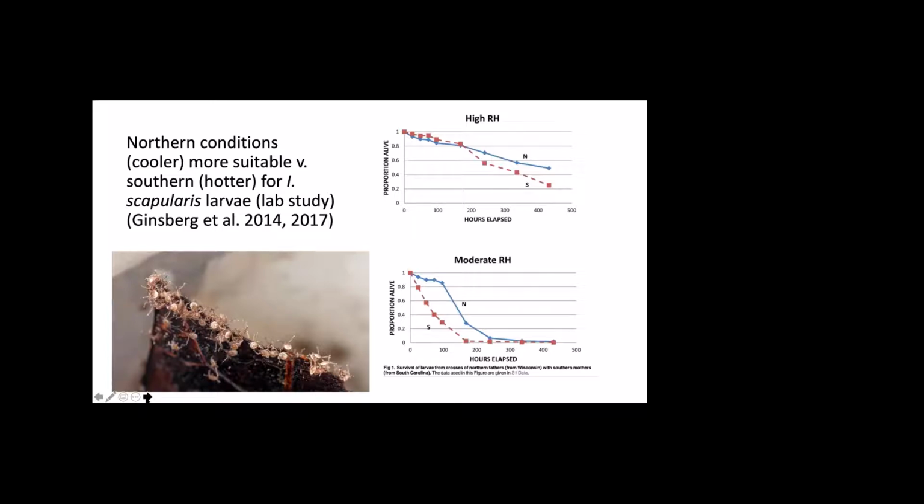So they would be hotter, with different relative humidities. It seems that for the black-legged tick the northern conditions are more suitable for their survivorship, and the larval stage is the most susceptible compared to the nymphs and the adults.